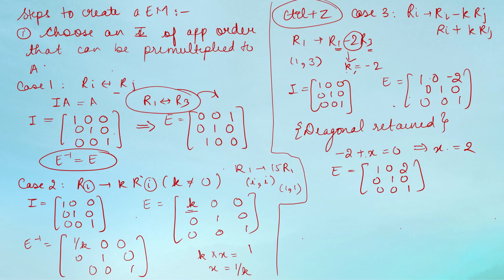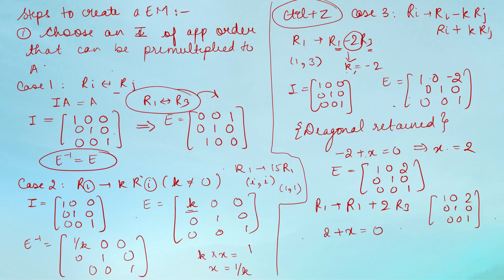Now, another thing to note. This was the first case. Let's say we had an operation R1 gives R1 plus 2R3. So your matrix will be 1, 0, 2, 0, 1, 0, 0, 0, 1. Now what will you do? How will you get the inverse? So 2 plus x is equal to 0.